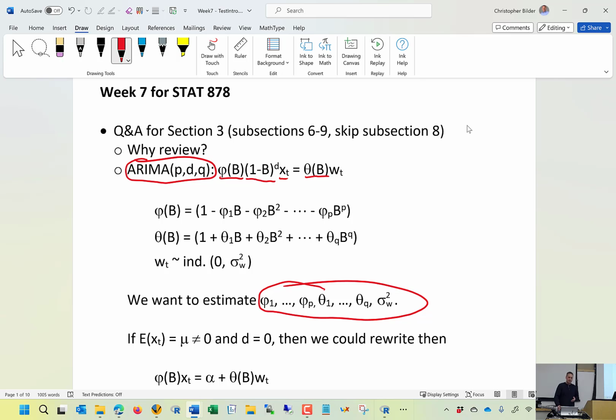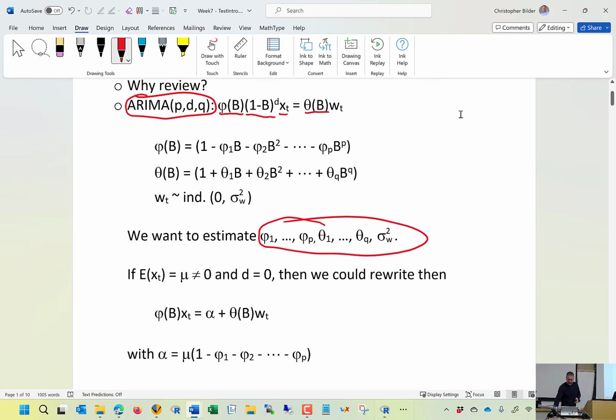Now, if the mean of the series, the expected value of x_t, is not equal to 0, and also d is equal to 0, meaning we have no differencing, we have one more thing that we need to deal with in this model. We can rewrite the model with this additional term, which we denote by alpha.